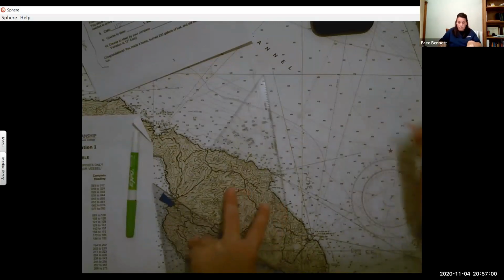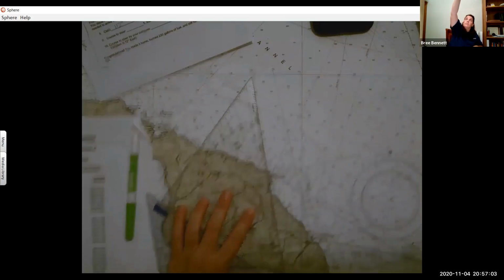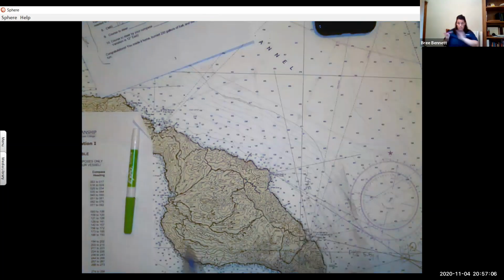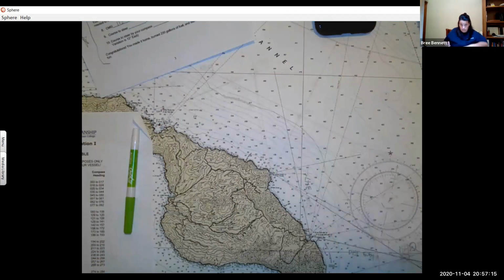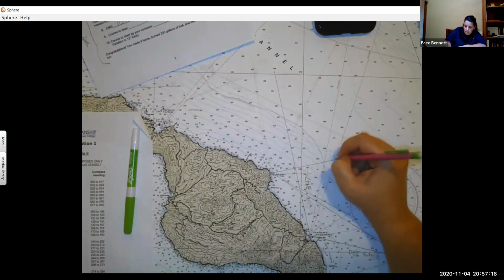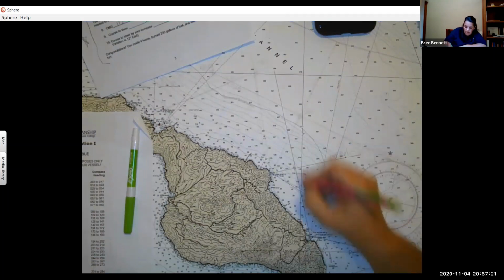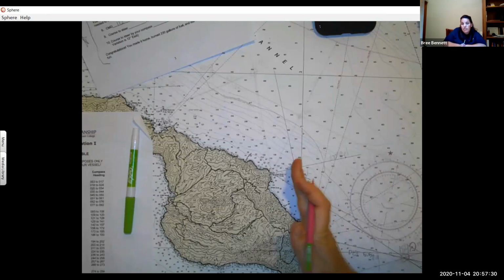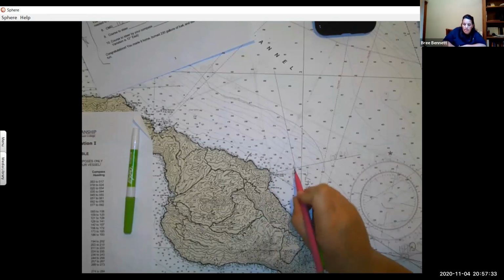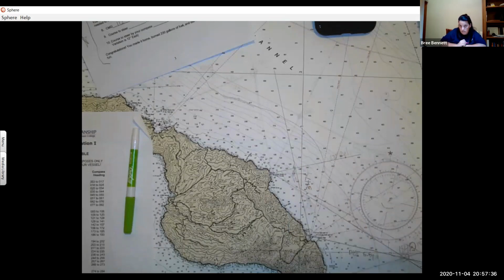So let's bring back the light. This was my 270 relative. And this bearing right here, I just drew a little one, was my 180 relative, which essentially is parallel to my heading line, and this is perpendicular to my heading line. Does that shortcut make sense?